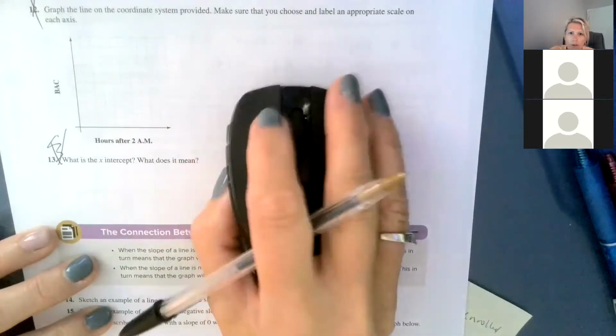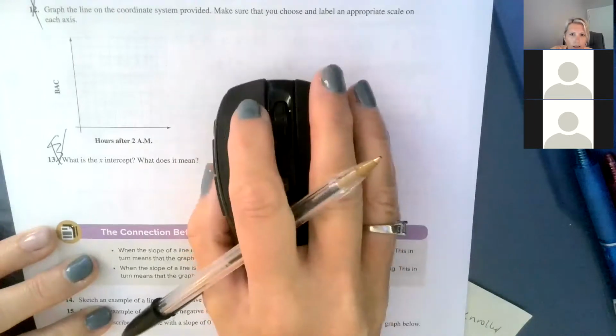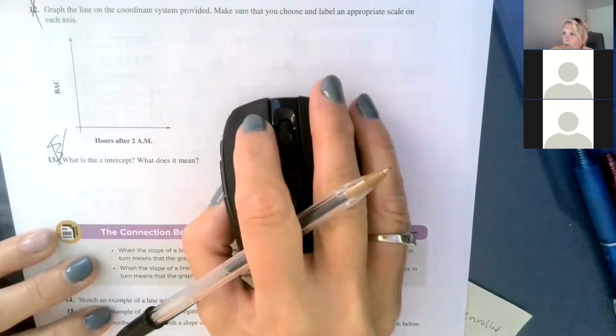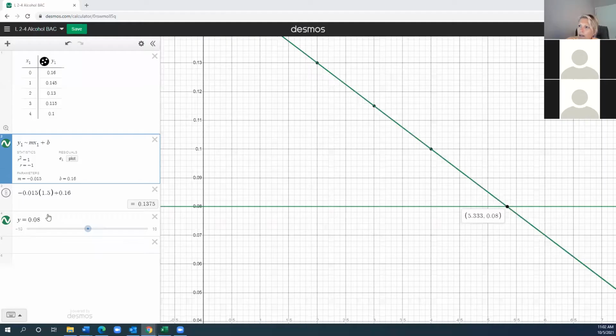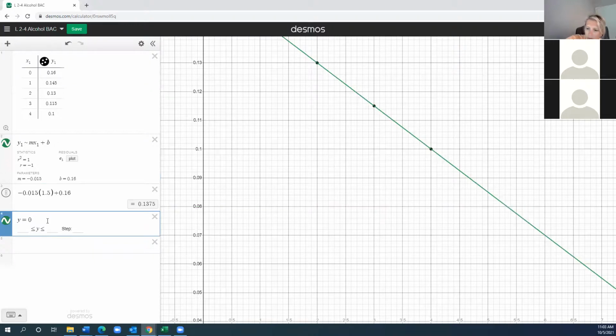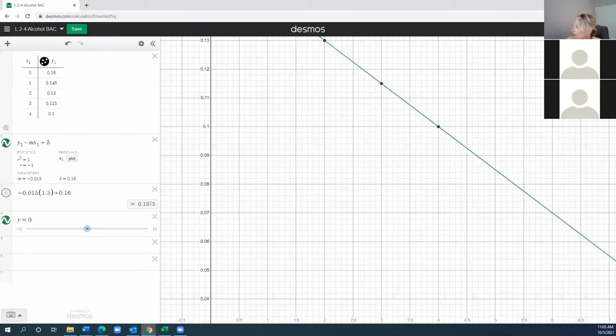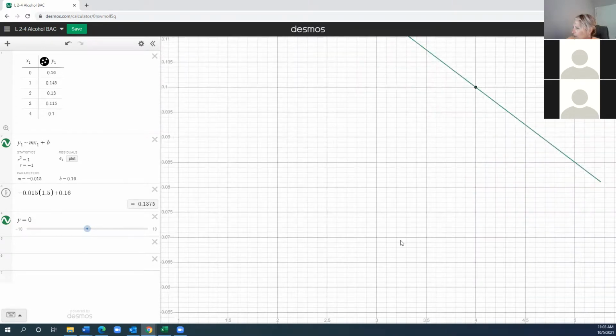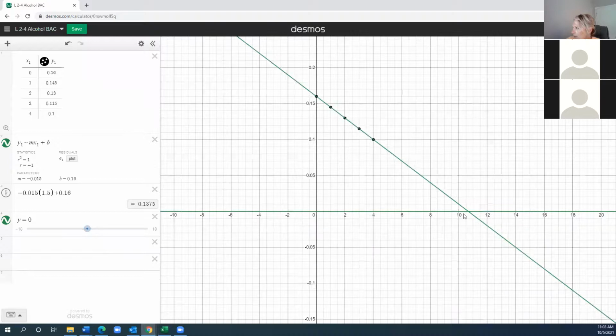So that's a good question. Before we end, let's go back to Desmos for a minute. We can again force our y to equal 0. I'm going to zoom out, going up here to the top right, so I can get to the 0. I'm going to click on that button here.